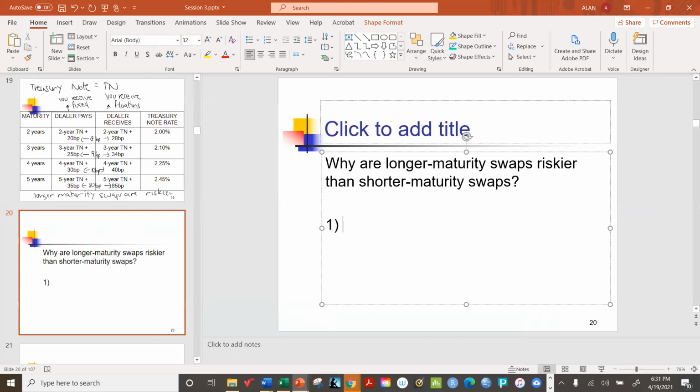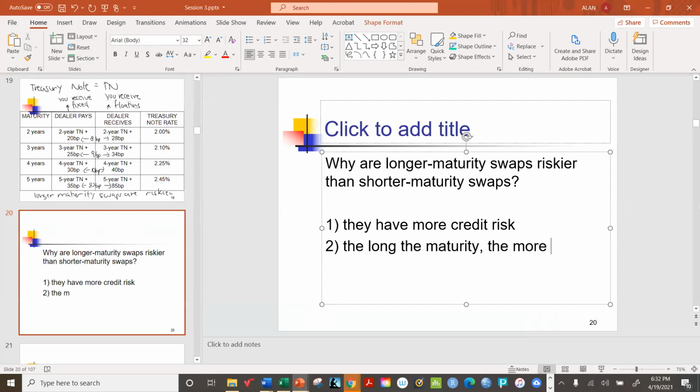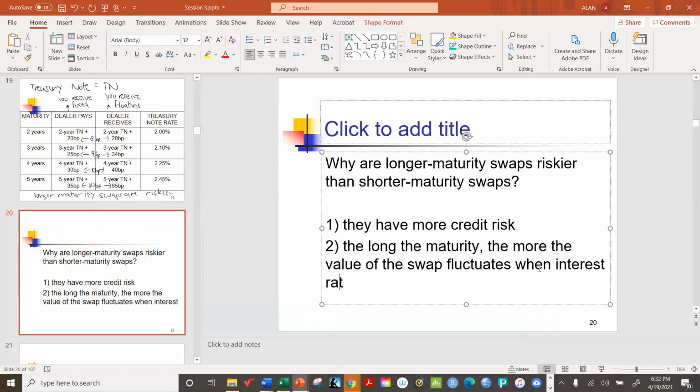Number one, they have more credit risk. Number two, the longer the maturity, the more the value of the swap fluctuates when interest rates change. So that's why they're considered to be riskier.